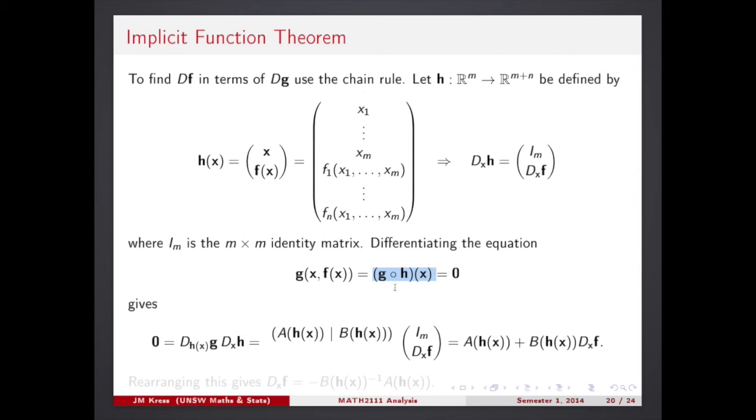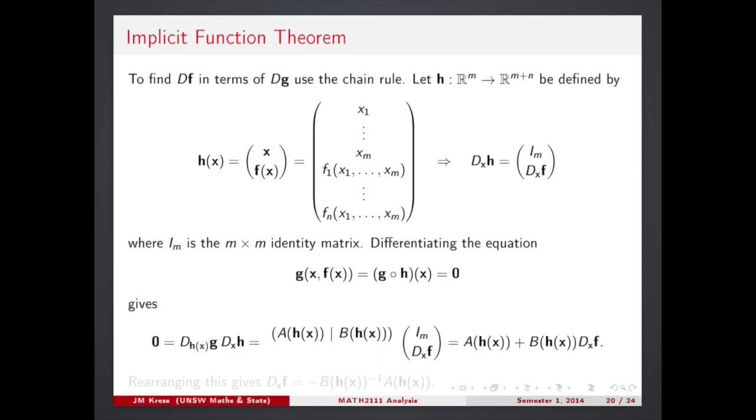When you apply the derivative to this equation, the right-hand side, which is 0 all the time, stays 0, but on the left-hand side use the chain rule in matrix form: a derivative of the g function at the h point, matrix product with the derivative of h.